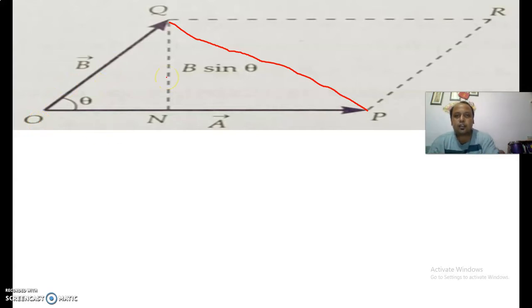Now, as we know, the area of the triangle is given by half into base, which is OP, the magnitude of vector A, into height, which is QN. QN is B sine theta.